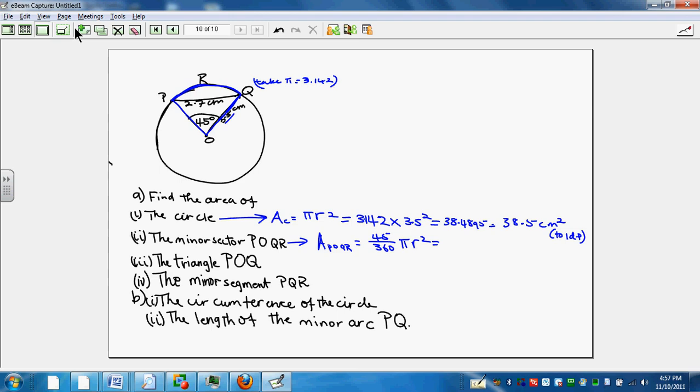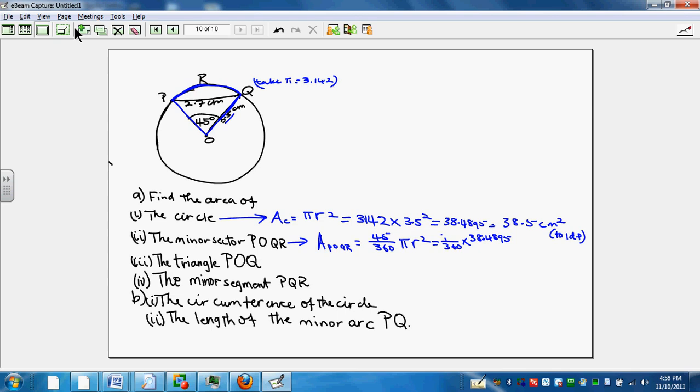We could work that out simply by using what we had gotten before. Remember, we had gotten pi r squared, which was 38.4895. So all we'll have to do is 45 over 360 by 38.4895, and we'll get the answer. There's a reason I didn't use the rounded off value. Sorry, it's not 48, it's 45 on top, so we have to correct that.